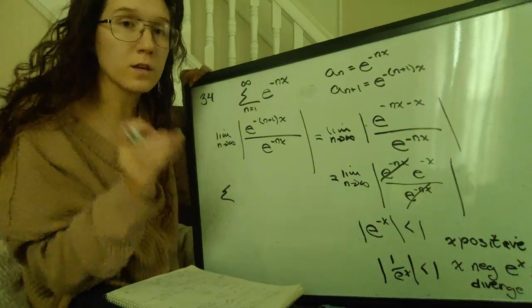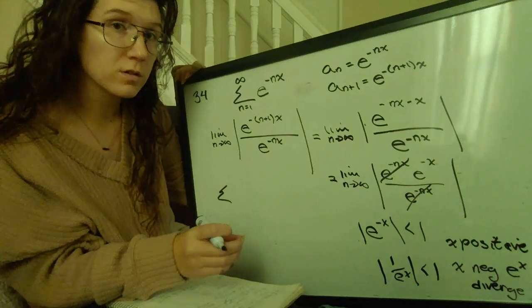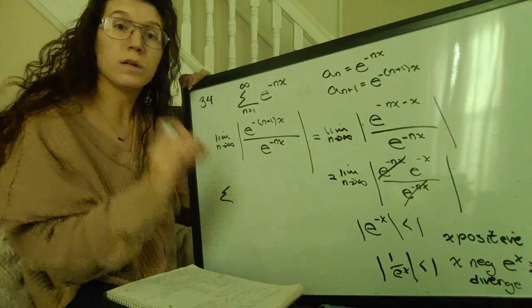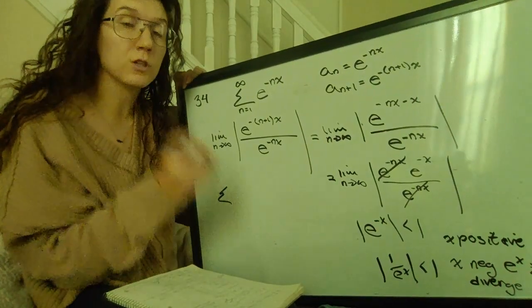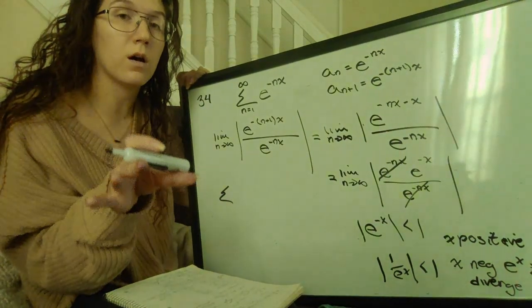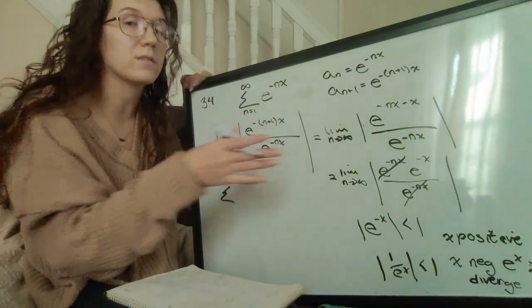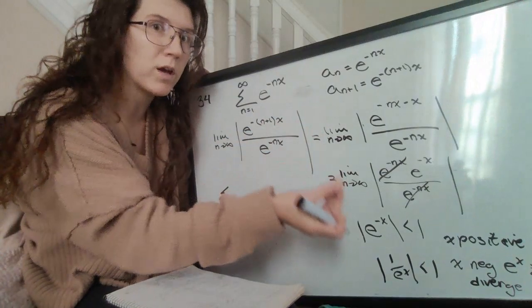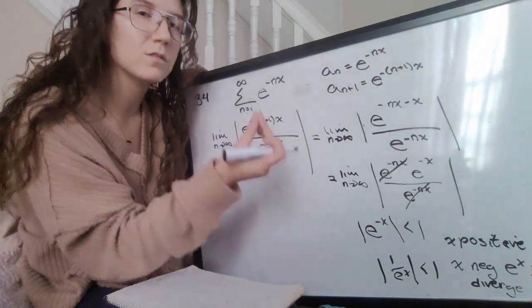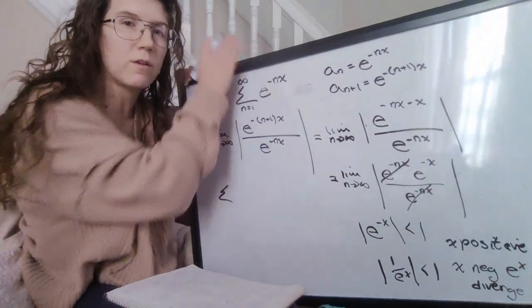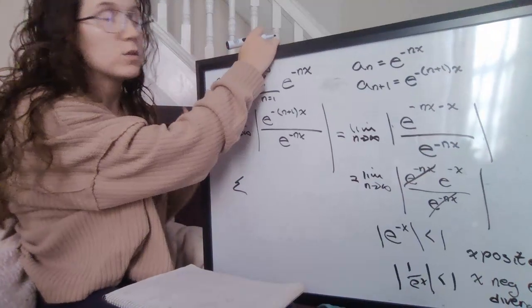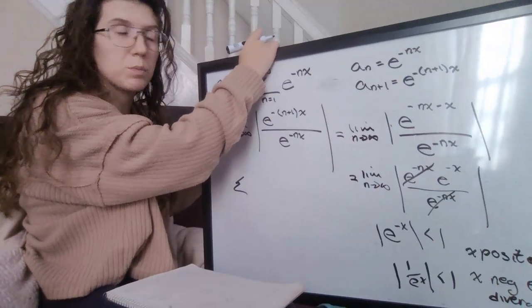If she's just asking for the radius of convergence, it does not appear that we need to test those end values because she doesn't in her solutions, and she's just asking for the radius. She's not asking if that end point of the radius is included or not. So if that makes sense, that may save you a little bit of extra time because this one's not too bad to plug in, but they can be annoying to plug in.